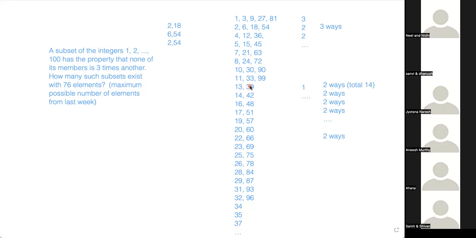Then it's also 39 with 2, 18, 39 with 6, 54, 39 with 2, 54. So should I be adding or doing something else here? Multiplying. Good. So it's multiplying because I can choose one of these and choose one of these, and any combination of those is a valid choice.